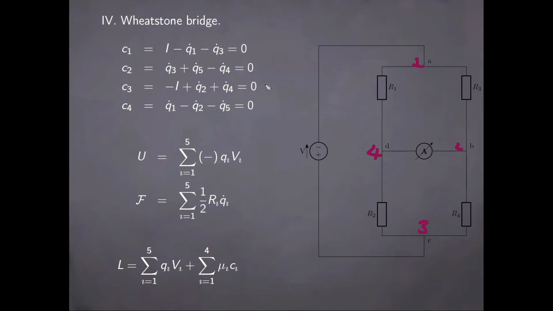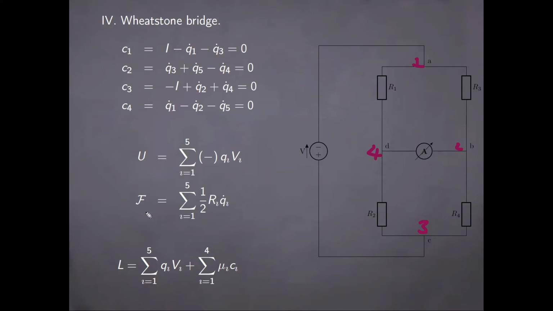So these are the constraints. And then obviously the potential energy is given by the product between charge and voltage across the four resistors together with the voltage across the bridge, assuming the system is imbalanced.